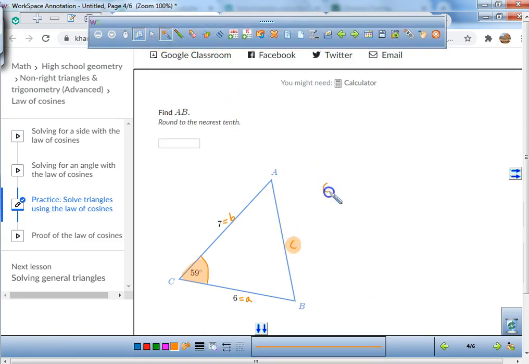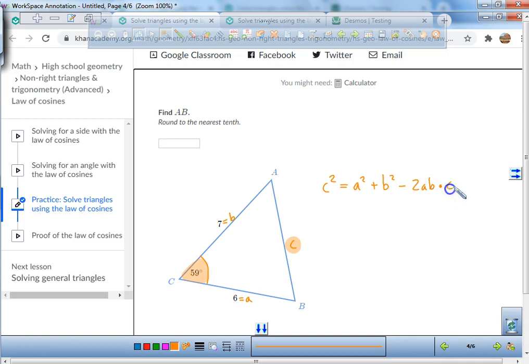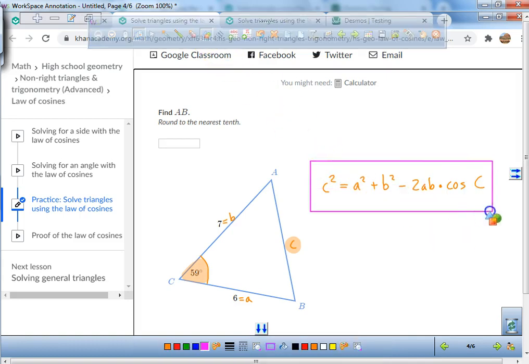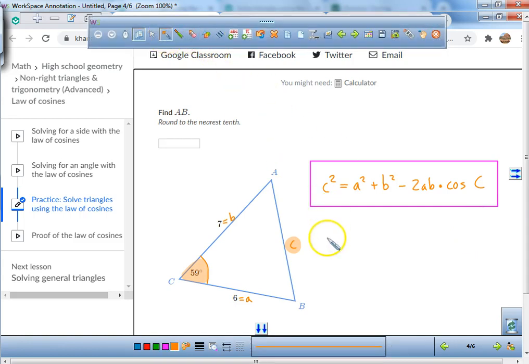So start with c squared equals a squared plus b squared minus 2ab times the cosine of capital C. I'm not expecting you to memorize this. I'm expecting you to have it in your journal and you use the correct one. So that's what we start with. We start with this guy right here. Now this one's going to be super easy, all right? You literally, all you got to do is literally plug in the numbers and press enter.